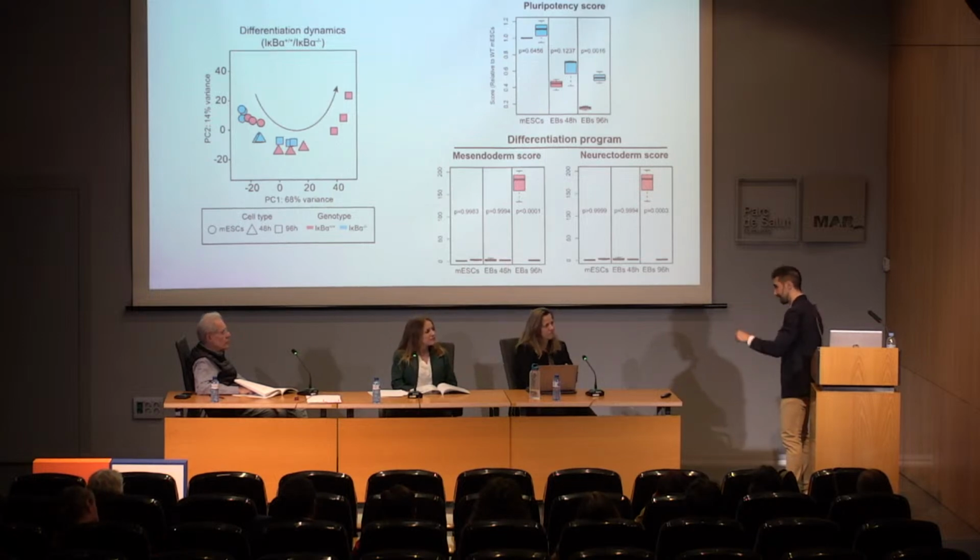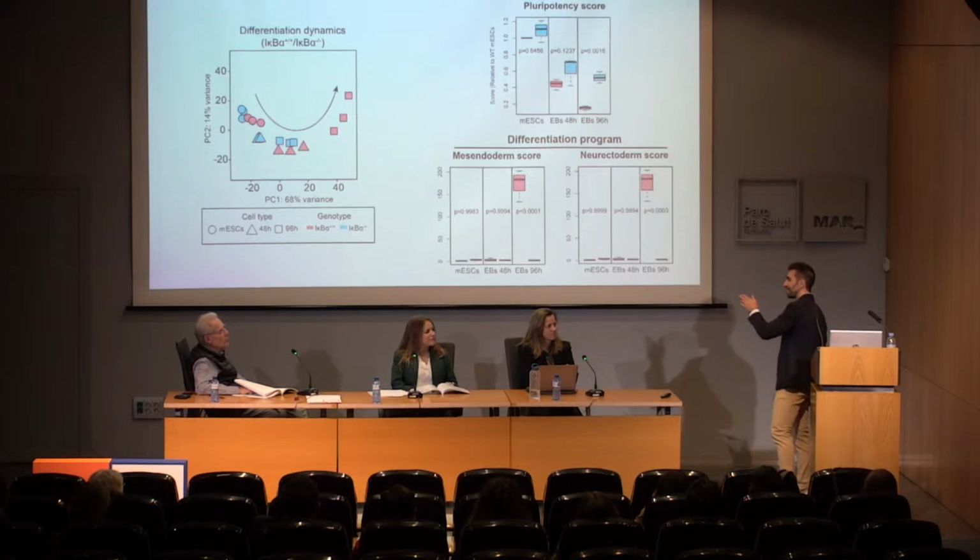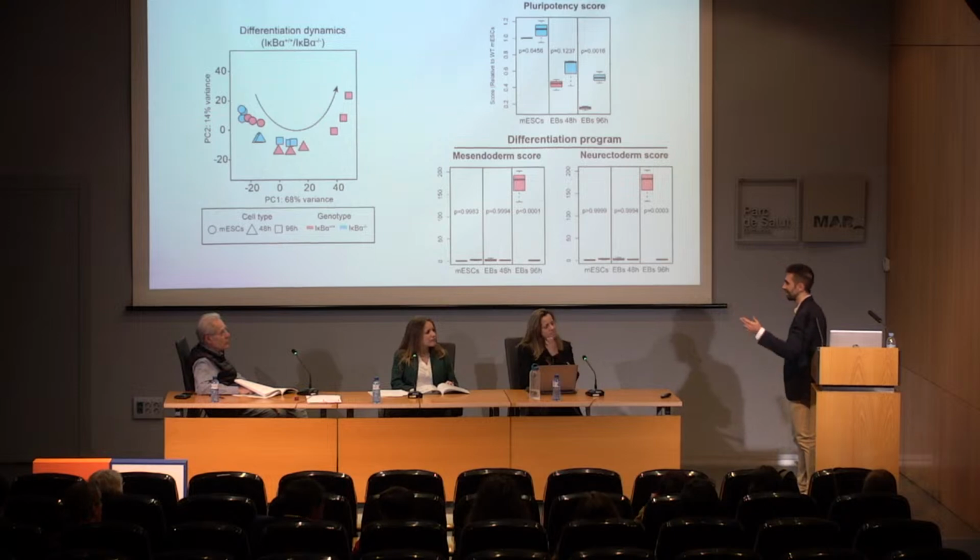So they introduced the I-kappa B alpha repressor, and they observed an increase in NANOG expression and a pluripotency phenotype. But they didn't go further. They just described that they had higher NANOG expression and higher SOX2, but then they didn't go further.